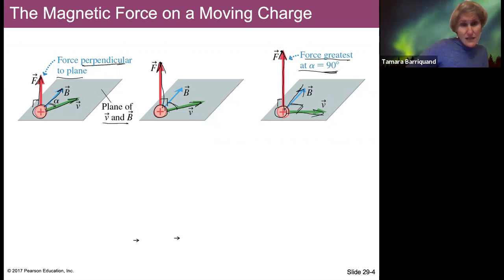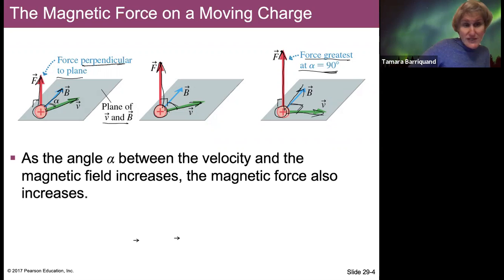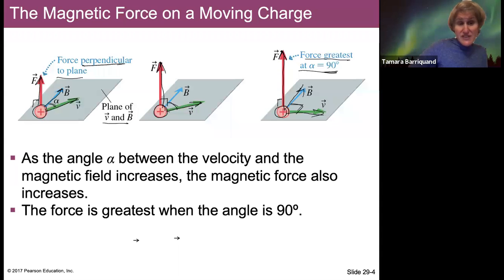Bringing these observations together, we see that as the angle alpha between the velocity and the magnetic field increases, the magnetic force also increases. We also see that the force is greatest when the angle is 90 degrees.